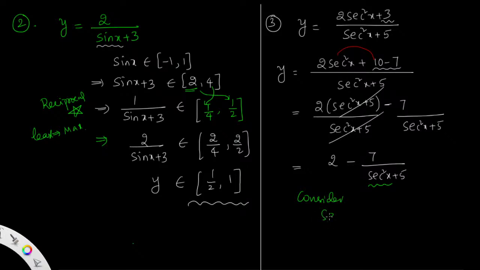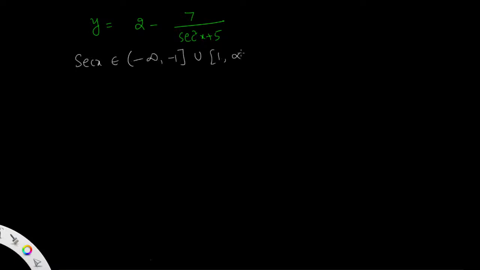secant square x. We know the value is secant x. Here I am writing y equal to 2 minus 7 by secant square x plus 5. For secant x, the range lies in the interval minus infinity to minus 1 union 1 to infinity.